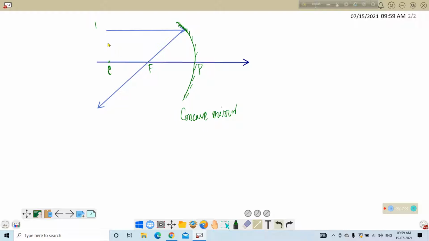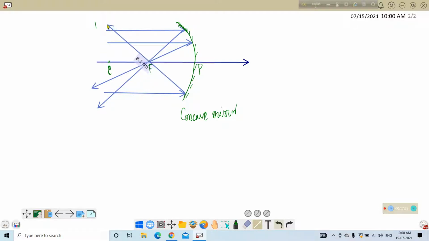If we take another ray like this, ray number 2, then this ray also will pass through the focus in this manner. You have to draw all these figures with scale and pencil for smooth practicing. This ray will, after reflection, pass through the same point like this.